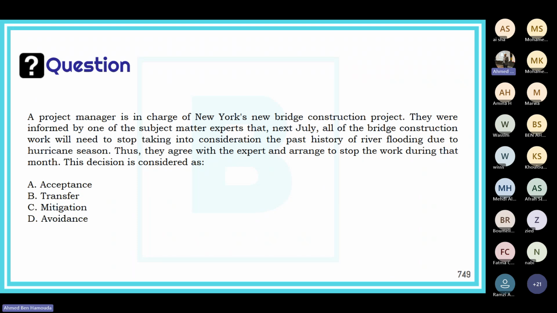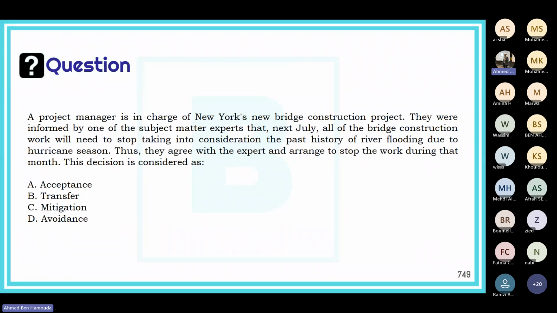Now, the expert advised the project manager to stop the work in July due to floods or hurricane season and potential floods. So the project manager agreed to that. That's not acceptance, because acceptance means the project manager decided to continue the work and not take any action. That's not the case. That's not transfer. The project manager did not ask another company to carry out the work.